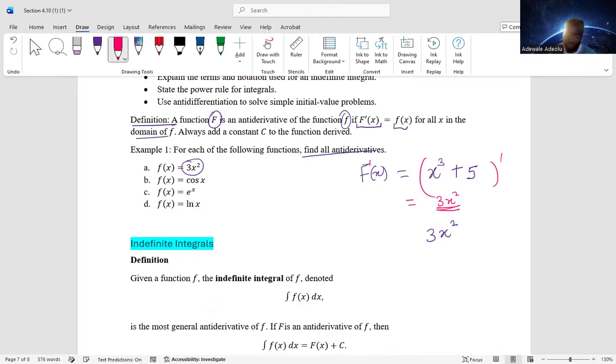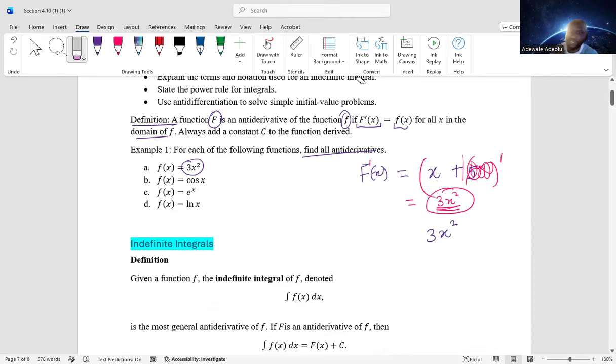So it is still 3x squared. Even if this is 6, even if this is 60 or 600 or 1000, it doesn't matter since the derivative of a constant is 0. So we are still going to have 3x squared every time.